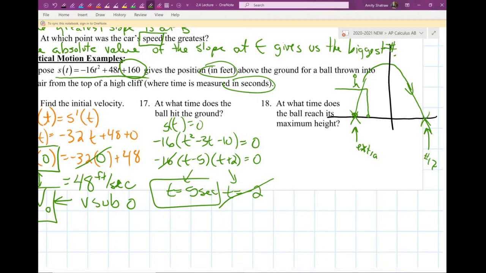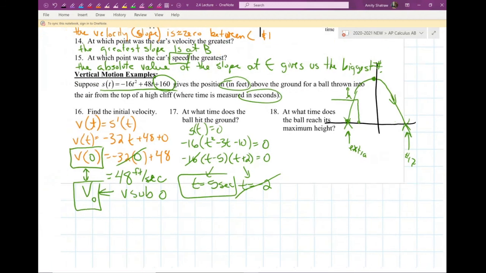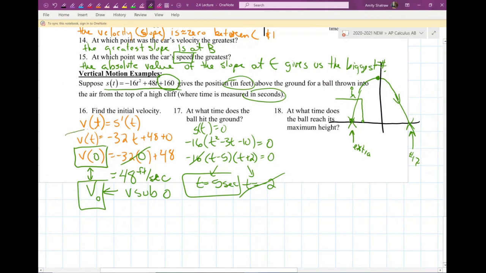So for number 18, it says, at what time does the ball reach its maximum height? Ooh, I love that question. Remember, we're talking about maximums here because we have a sad parabola, and isn't that the same thing as just finding the vertex? Indeed it is. So if you want to just find the vertex of this parabola, you are allowed to. However, I know how to find the derivative, and in fact, did I do that already? I did.